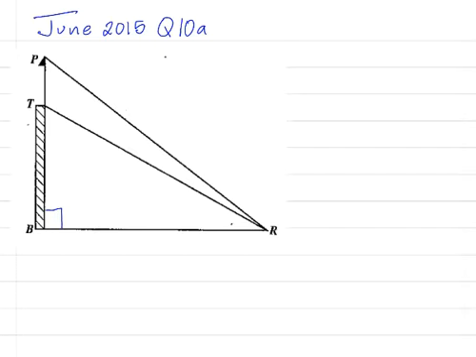We're told that BR is 60 meters, so this is 60 meters here, and we're told that the angle of elevation of T and P from R are 35 and 42 degrees respectively. So angle of elevation is the angle between the horizontal and the line of sight. This angle here is 35 degrees.